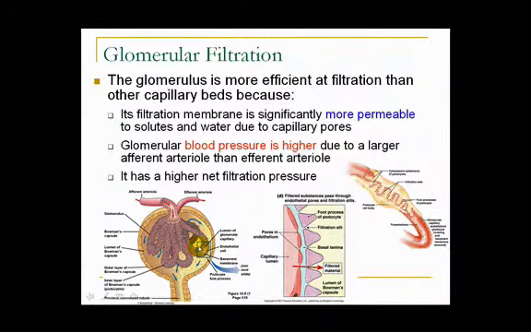Remember, filtration is based on things moving from a higher pressure situation to a lower pressure situation. And it's non-selective. Everything gets pushed across. The only thing that's selected against is it's based on size. So it has to do with the size of the pores on that membrane, which determines what gets through.